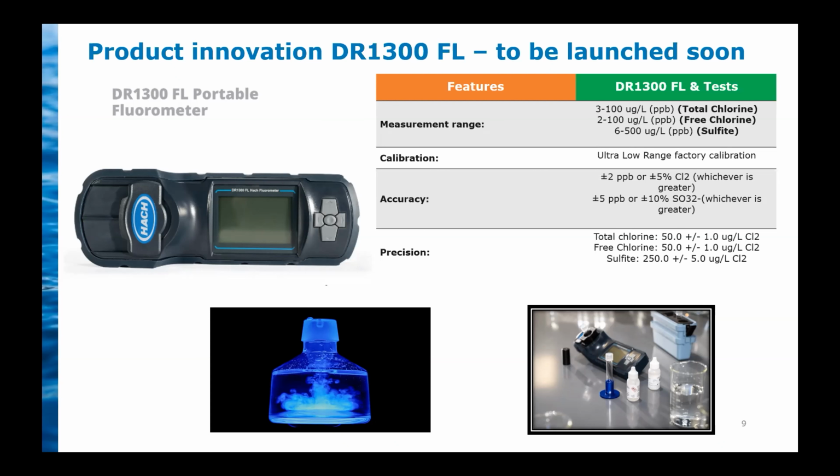This fluorophore is then energized by the instrument's LED light source and then emits fluorescent light, which is detected by the instrument's emission detector. And this will enable you to measure total chlorine, free chlorine and sulfite from your grab samples in an ultra low range as well.